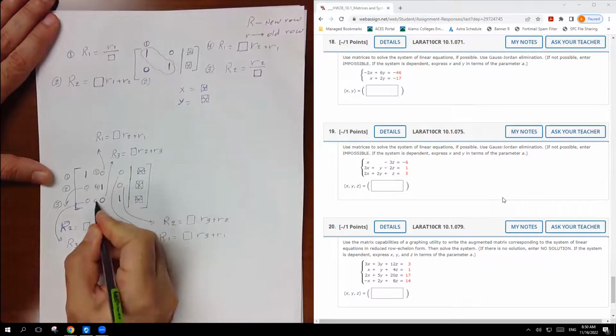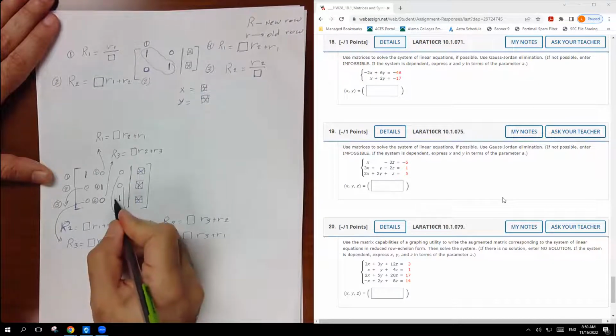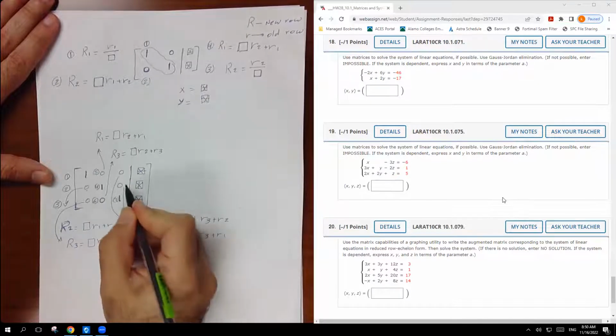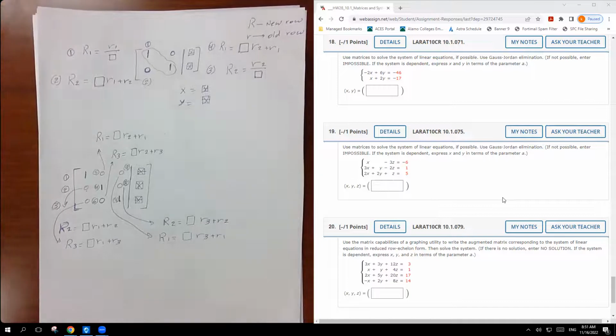This is step 6. This is step 7. And this is step 8. And this is step 9. So 9 steps you're going to do to find the solution when you have a 3 times 3 matrix.